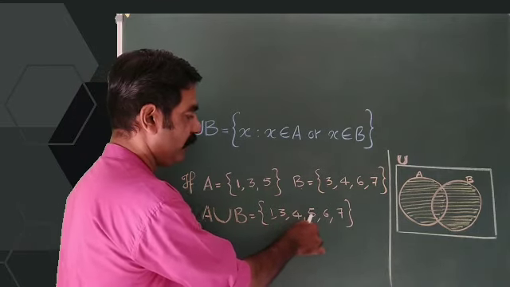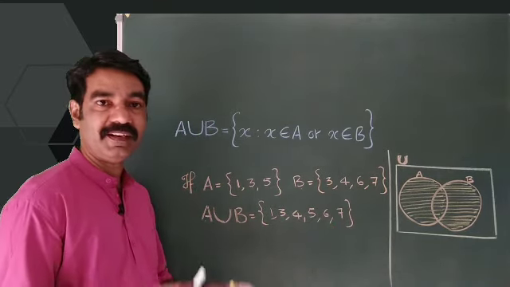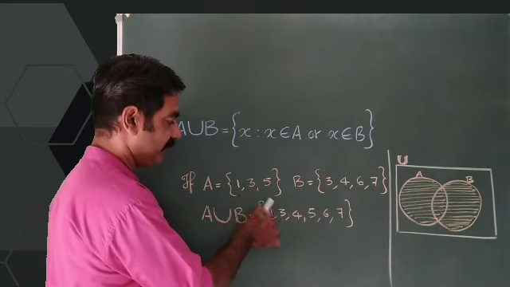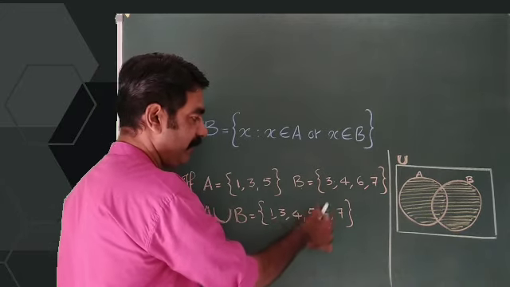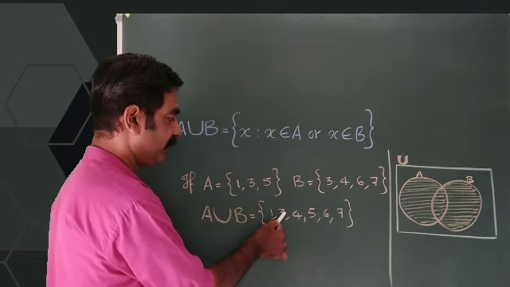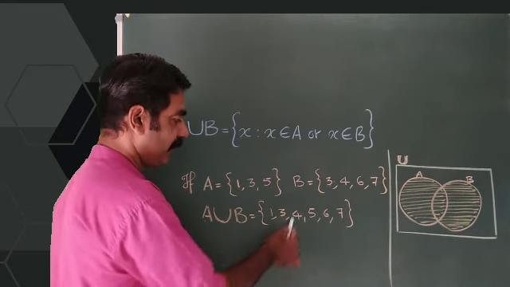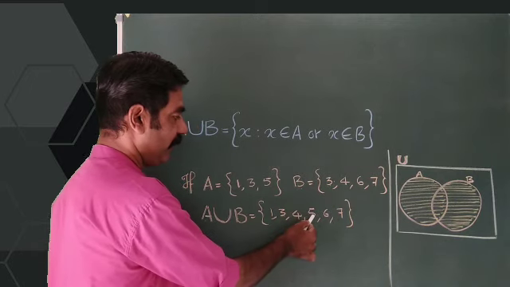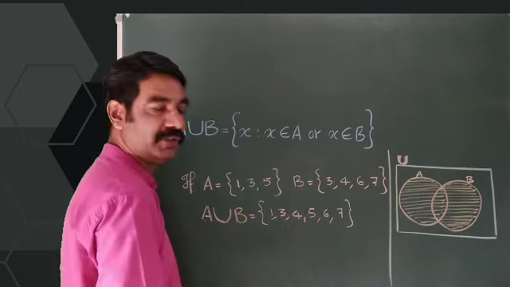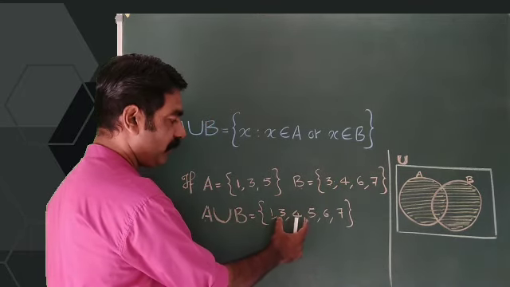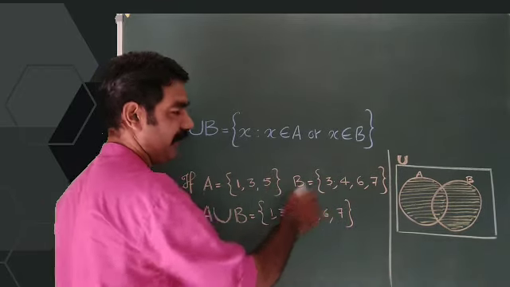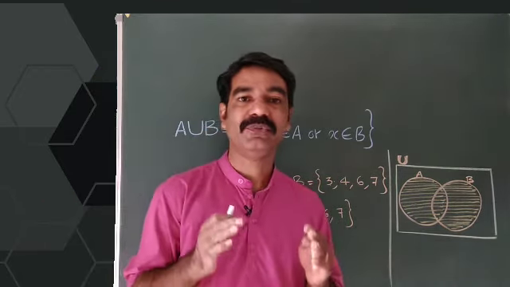A union B is equal to the set {1, 3, 4, 5, 6, 7}. So it is very clear that A union B consists of all the elements in A and elements in B. Okay, so 1 is from A, 3 is from A and B, 4 is from B, 5 is from A, 6 is from B, and 7 is from B. So A union B is the set of all elements either in A or in B, or both A and B. So what is the union of two sets?